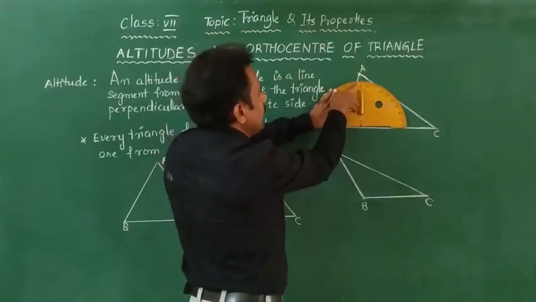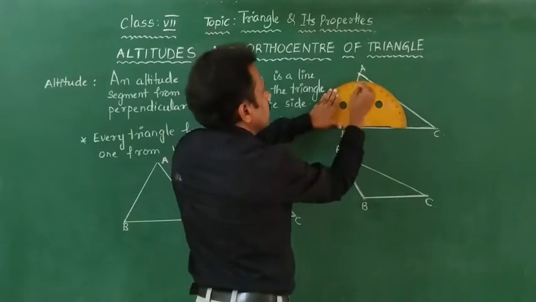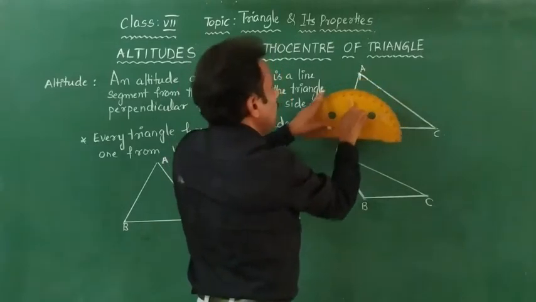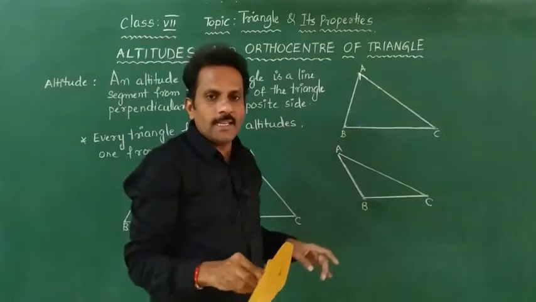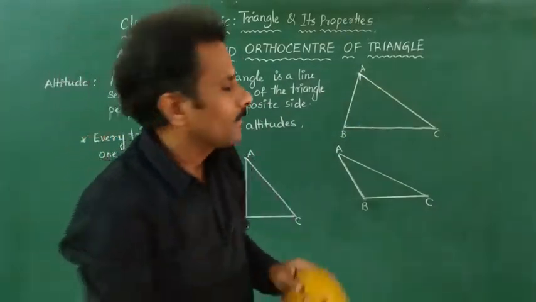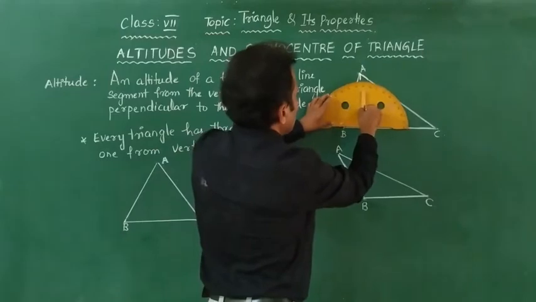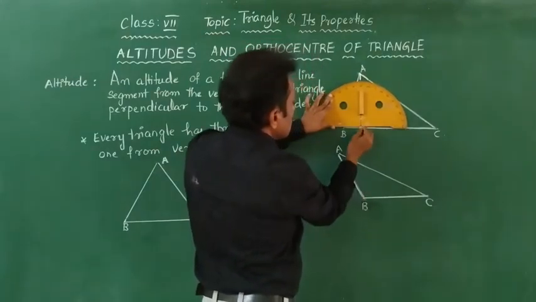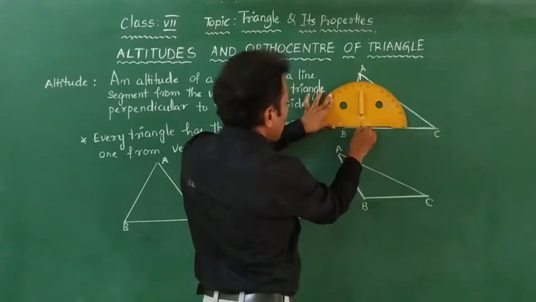Now exactly 90 degrees is at A. That means if you draw a line segment from A vertex, it makes 90 degrees with the BC side. So let me mark here children. So here the point I marked here.